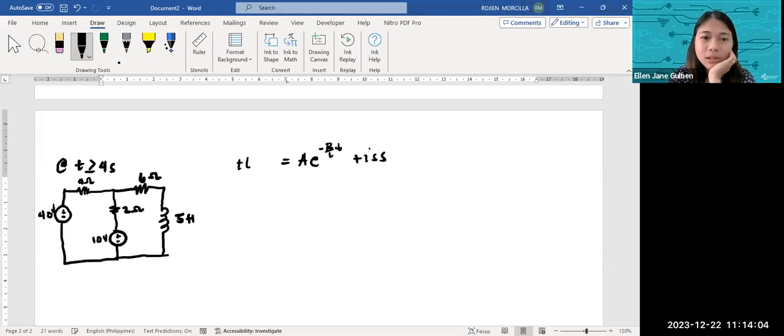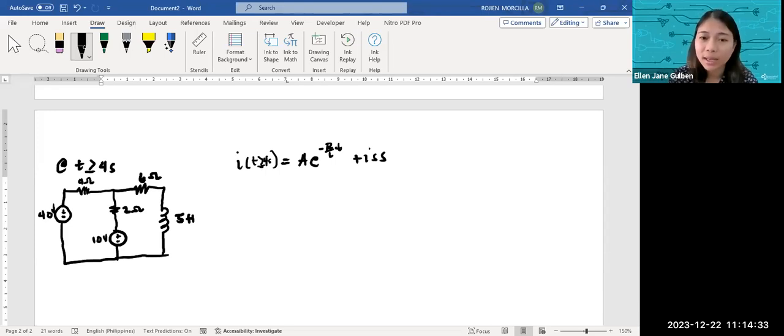How should we do this one? First, we will need to determine the steady state.